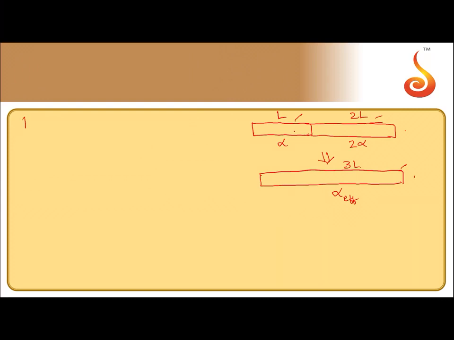So expansion of the first part, when rise in temperature is delta theta, is L alpha delta theta, plus the second rod is 2L into 2 alpha into delta theta. These two put together should be equal to expansion of the equivalent rod, 3L into alpha effective into delta theta.